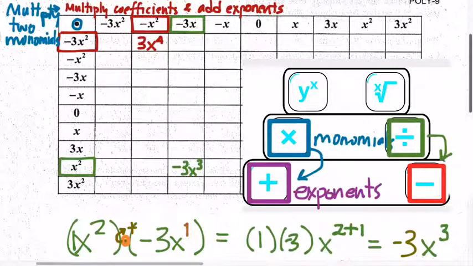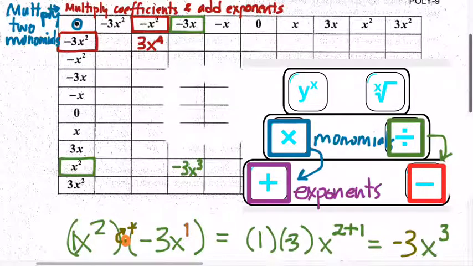As an example, and this example is not on this sheet, but just to get it out there. Say that I had, I don't know, 16x to the 6th divided by 8x to the power 2. How would I simplify that quotient of two monomials?